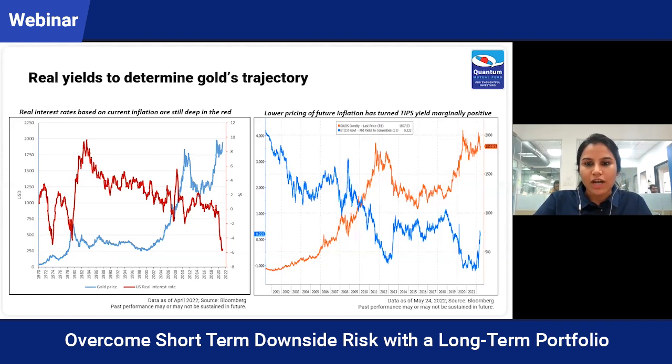So if you see the chart on the right, gold has seen some weakness since these real yields have turned positive. However, these low inflation expectations can get repriced upwards going forward if inflation proves to be stickier or if the Fed eases its stance, as recession risks pile up. So as and when that happens, we can see some strength in gold prices again.